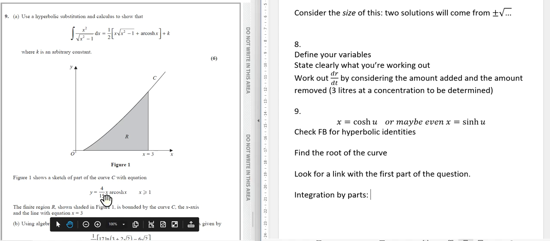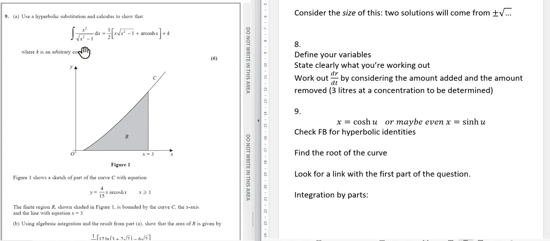Well, the integral of x is x squared. The derivative of arc cosh, which we'll be able to verify in a minute from the formula book if we needed, is probably 1 over the square root of x squared minus 1, or something like that. So I suspect this is what comes up as soon as you integrate by parts.